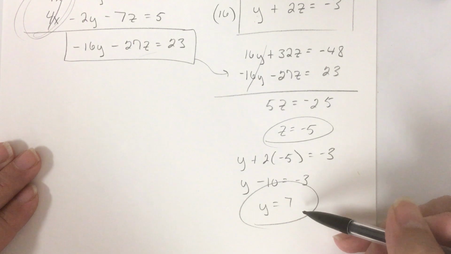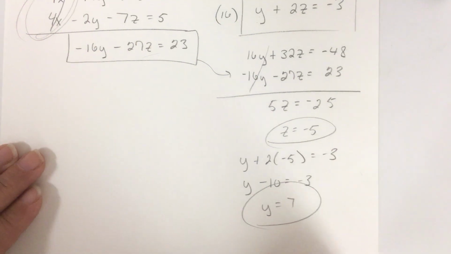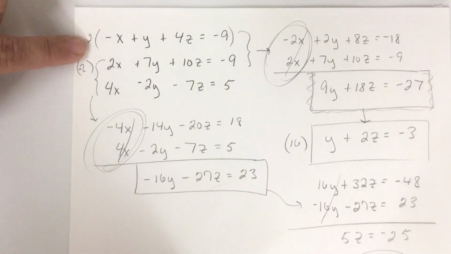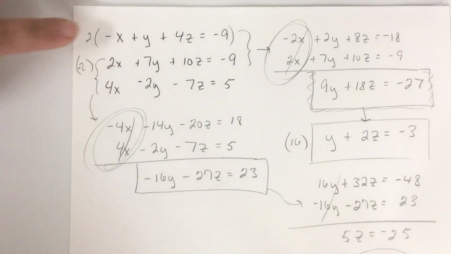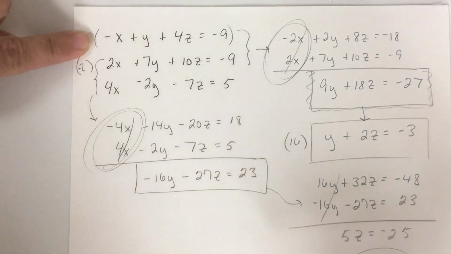Now I have 2 answers. Now I can plug that back up into one of the equations that has all 3 letters in it. Again, I'm going to look for a simple one, so I'm going to use the original top one. It doesn't matter which one you use. The whole point is you're trying to find the 3 numbers that work for the letters at the same time and that work in all the equations. So I'm going to do -x plus y plus 4z equals -9.